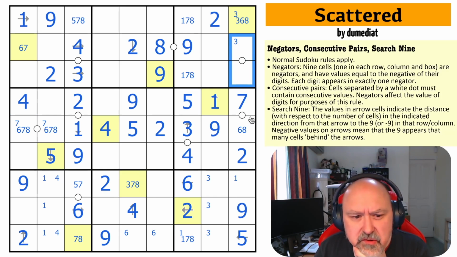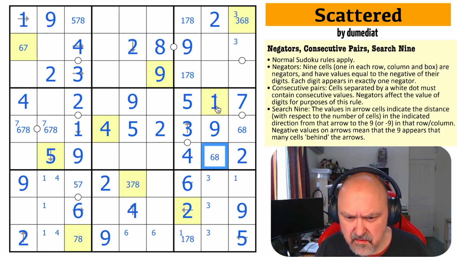This dot is doing a lot, and I'm not quite seeing it. This is 6 or 8, isn't it? I feel I'm missing it.